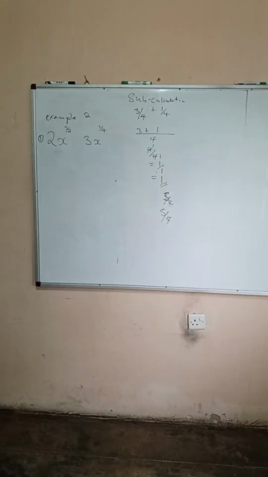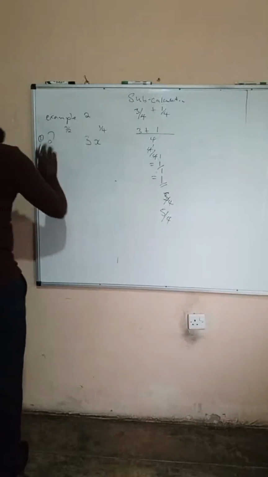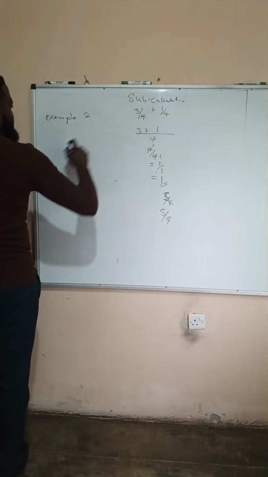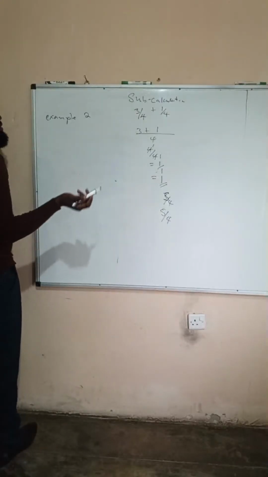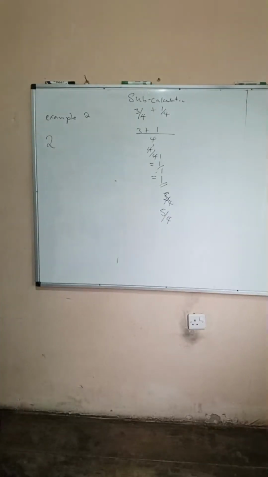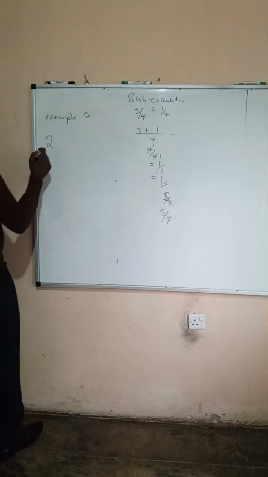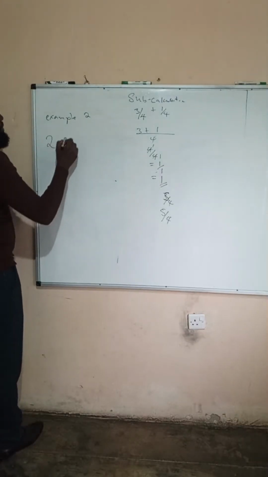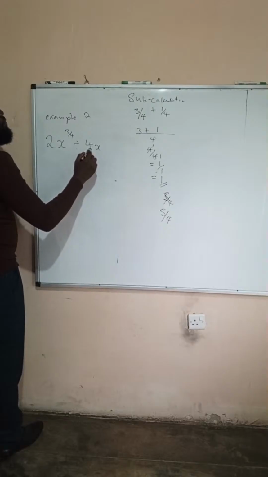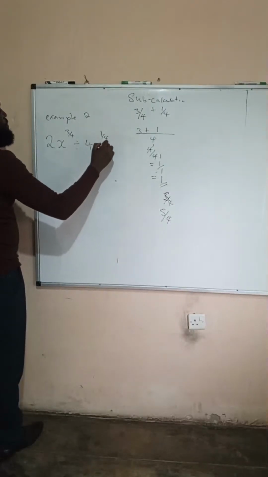I'll use division, but I think you have understood. Let me just proceed to a more simplified division of x, but here to be subtraction. Let me use division, okay, for example, let's say 2x to the power, okay, let's say 3 over 4, this divided by 4x to the power 1 over 4.